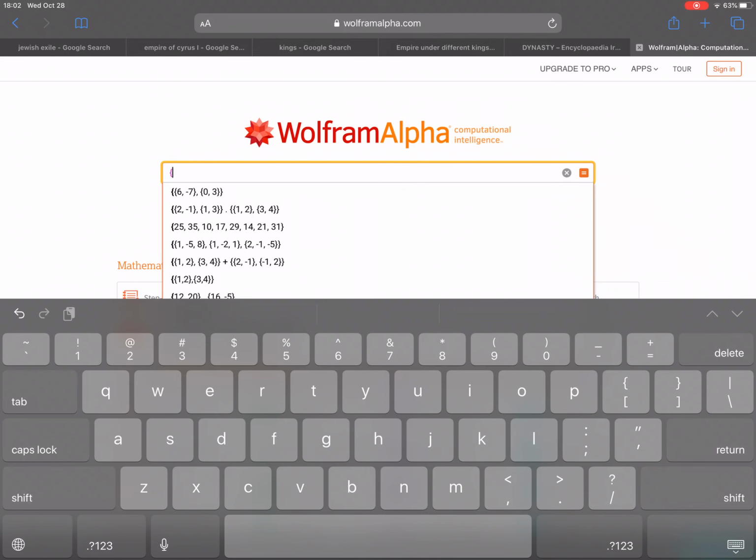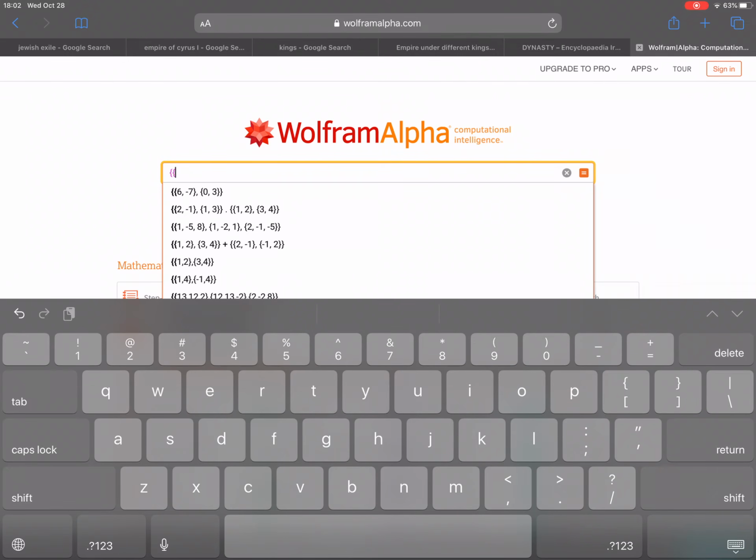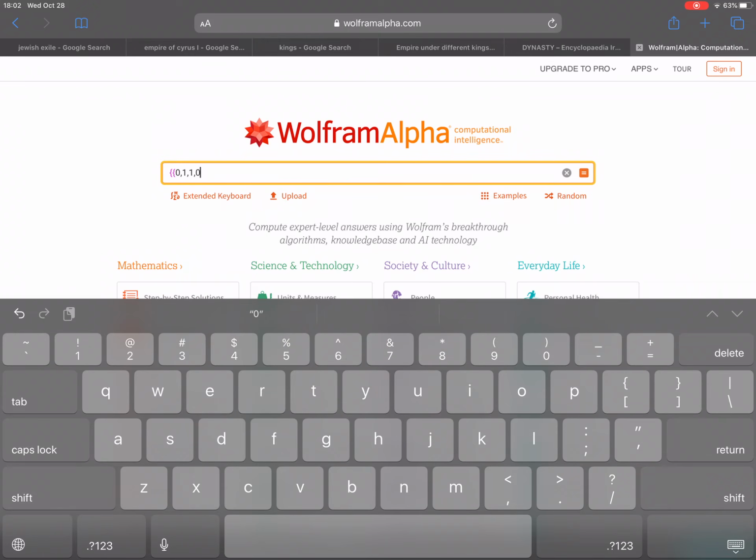You see, this is how matrices are input. You put row by row. So I need to put the first row, which is 0, 1, 1, 0. The entries are separated by commas, and then the parentheses close, open and close, gives me the first row.